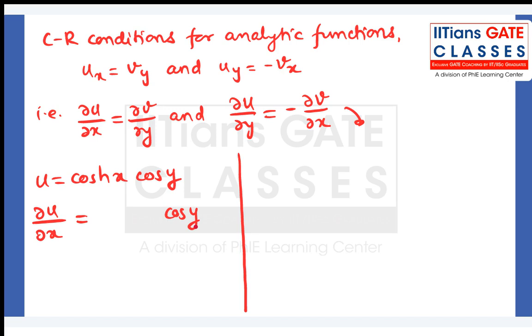Cos hyperbolic x is the tricky part here, because we usually don't deal with hyperbolic functions, so you may not remember the differentiation of cos hyperbolic, sin hyperbolic. That is okay, but you could be smart. Cos hyperbolic is e to the power x plus e to the power minus x by 2. You can differentiate that function, and that just gives you sin hyperbolic x, right?